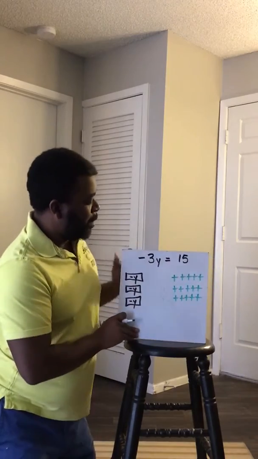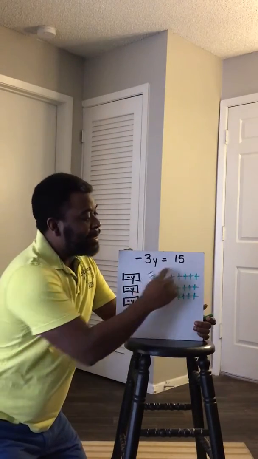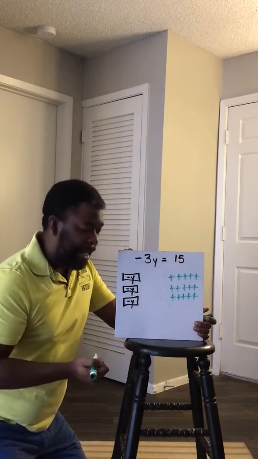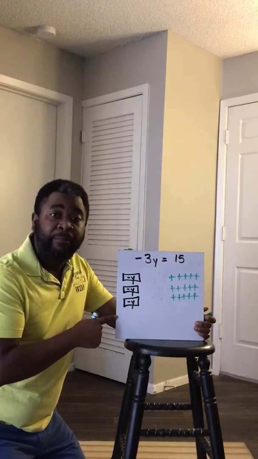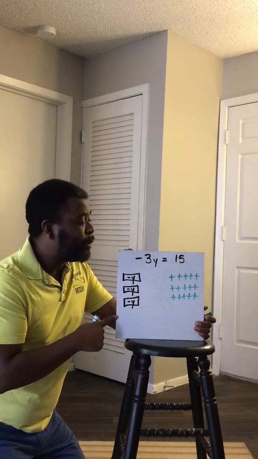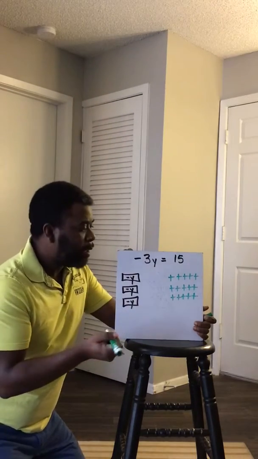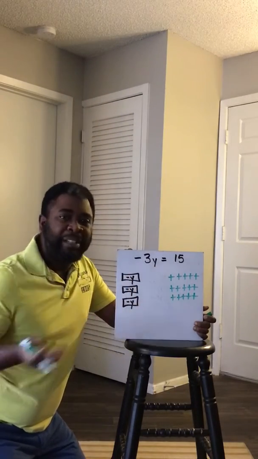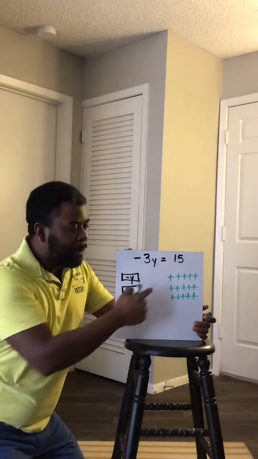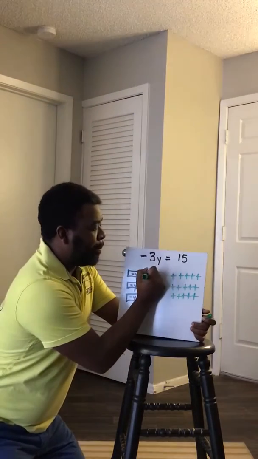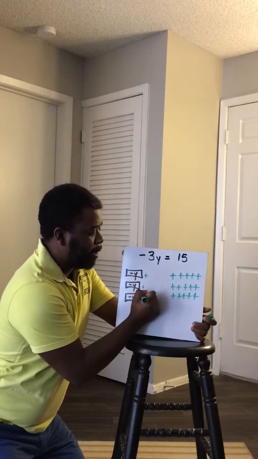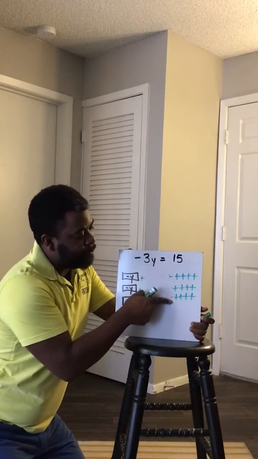Okay? Same thing, I need to split these 15 positives amongst my variables evenly so that the same number is in each variable. Okay? Well, I kind of already did it for you. That's just how kind of easy it is, but let's show it again. So I'm going to put a positive here, positive here, positive here. That gets rid of 3.